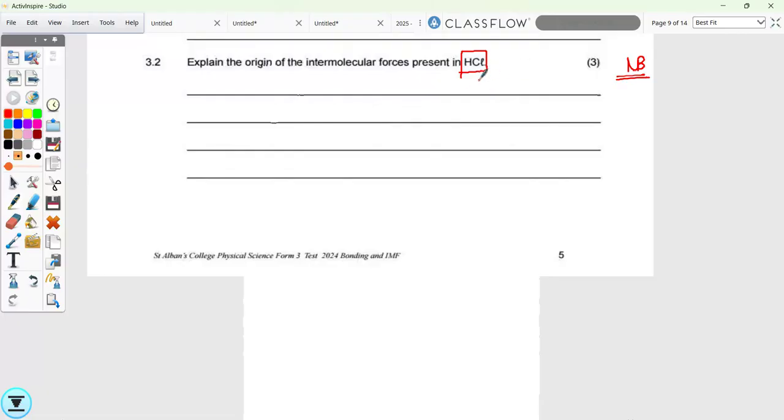How do you decide? Go through the motions. Is it a symmetrical molecule or not? No. It's a polar molecule. If in doubt, draw it.